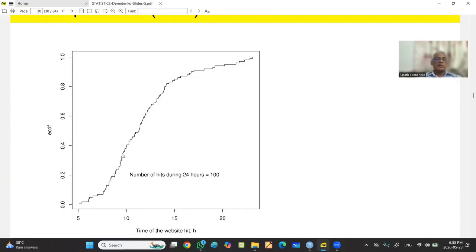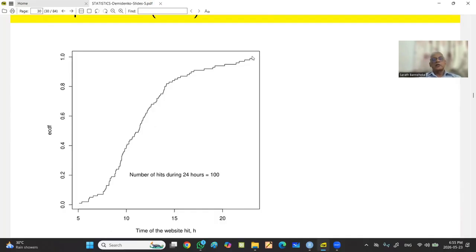But after that, as time passes, the numbers went up, and therefore the proportion of observations less than or equal to a given value is going up steadily. And then again in the night, after 20 or so, that means after 8 o'clock in the night, the rate of increase becomes smaller and smaller, but at the end it comes to 1, right?